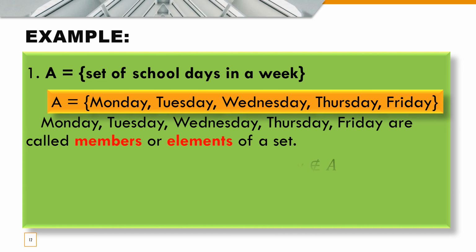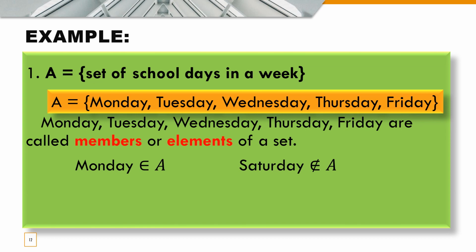Let's have another one. So Monday is an element of A because in our set A, one of its members or elements is Monday. So Monday is an element of set A. But what about Saturday?